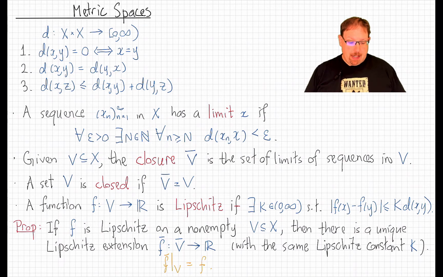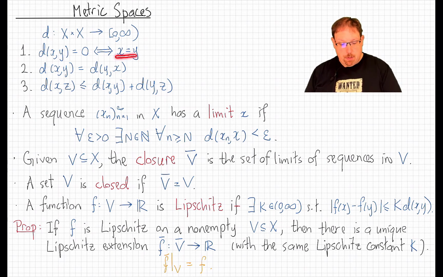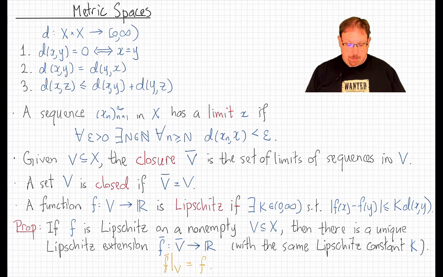We call a space X a metric space if it comes equipped with a function d on X cross X, taking values in the non-negative reals, with these 3 properties. 1, the distance between 2 points is 0 if and only if those 2 points are actually equal. 2, this d distance function is symmetric. And 3, the distance function satisfies the triangle inequality.